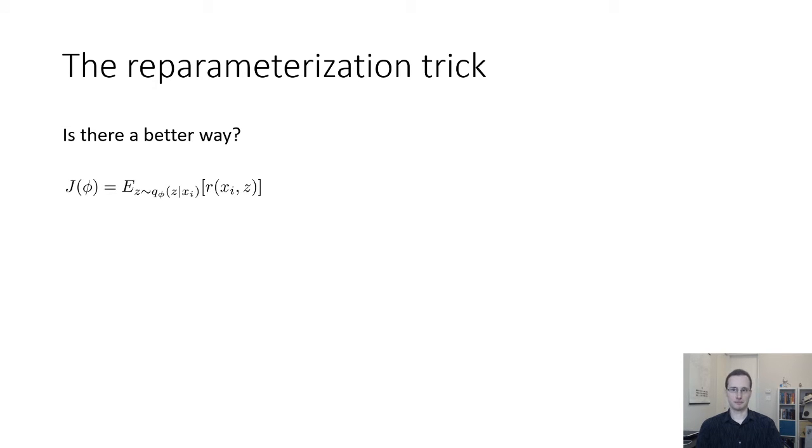So here's the idea. We have our expression for which we want to calculate the derivative with respect to phi. But q phi is not just any distribution. It is a normal distribution, a Gaussian distribution, which means that we could also write z as a deterministic function of the mean and variance, and epsilon, which is a standard Gaussian sample.